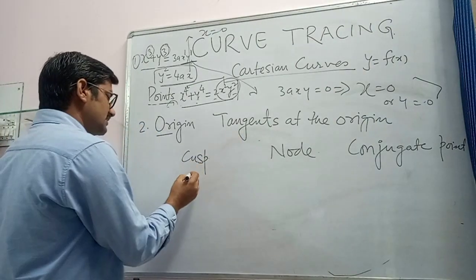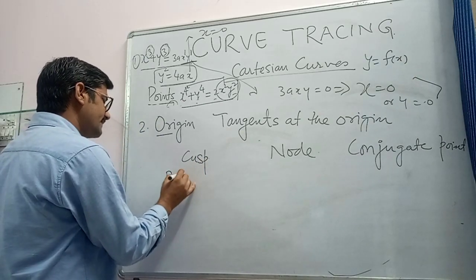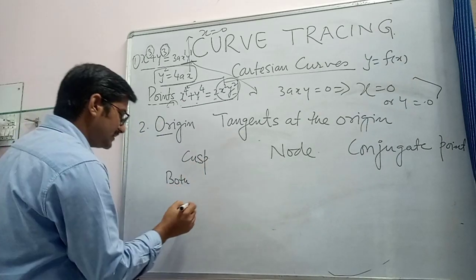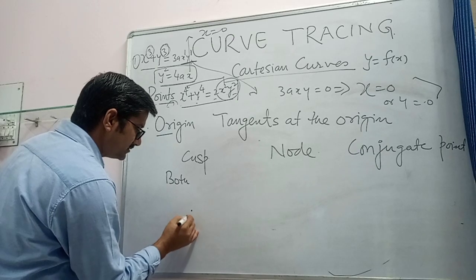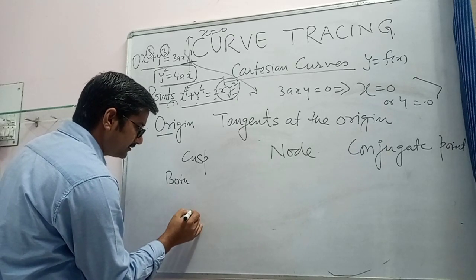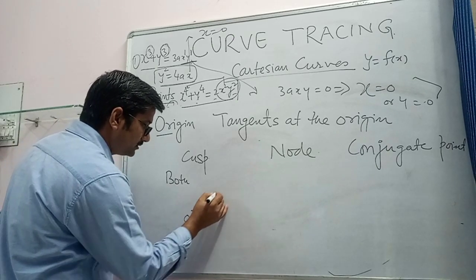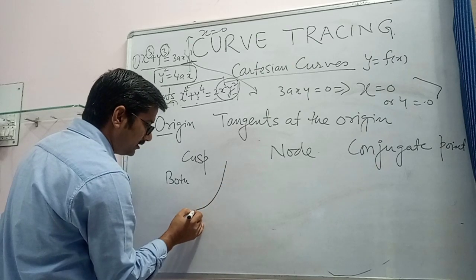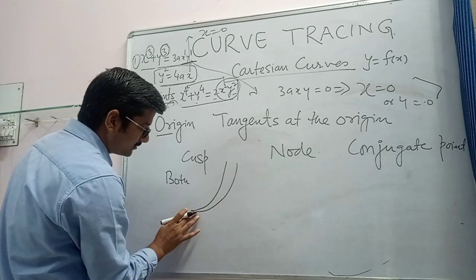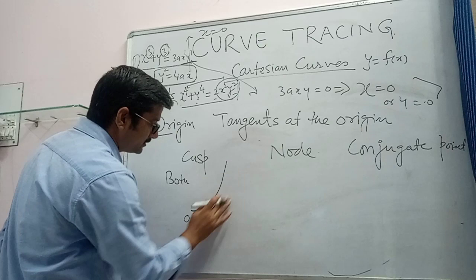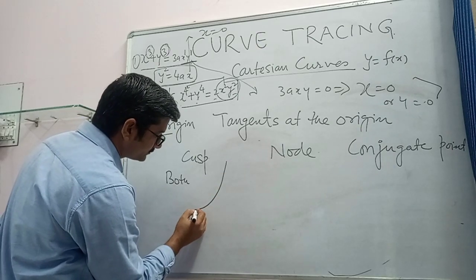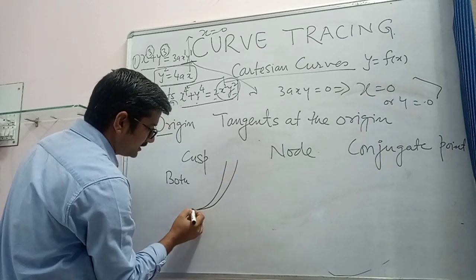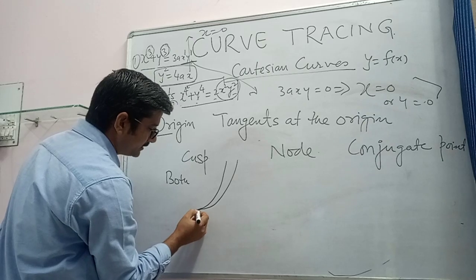So for the cusp, both the tangents, origin is a cusp. Cusp means, suppose this is the origin, and both the branches of the curve pass through this point.